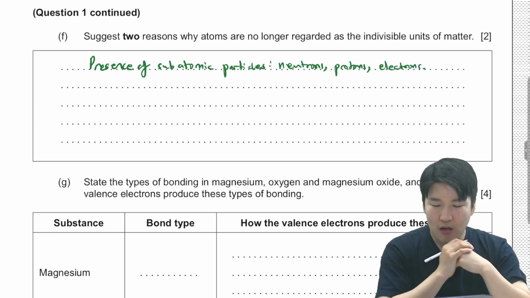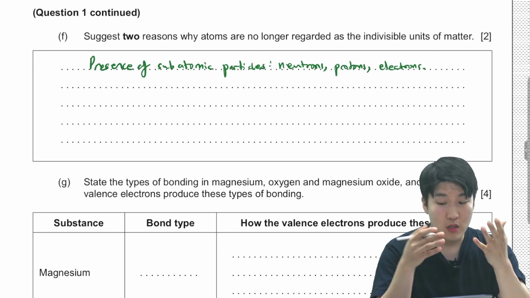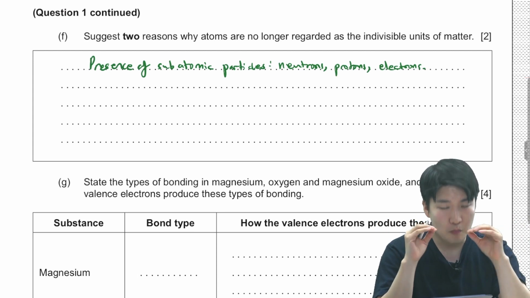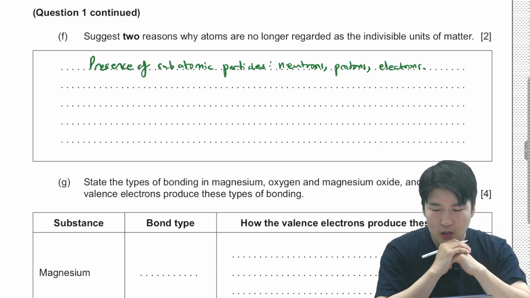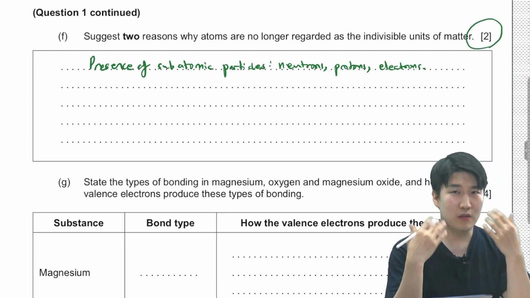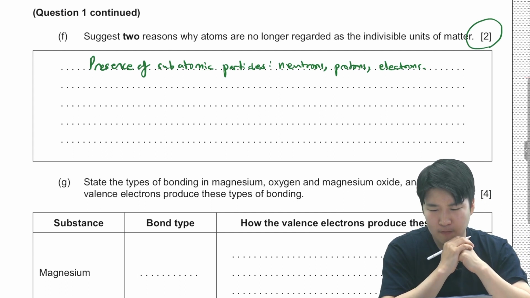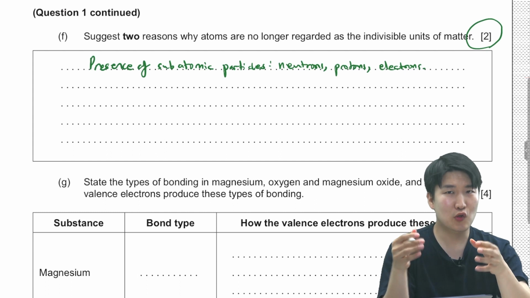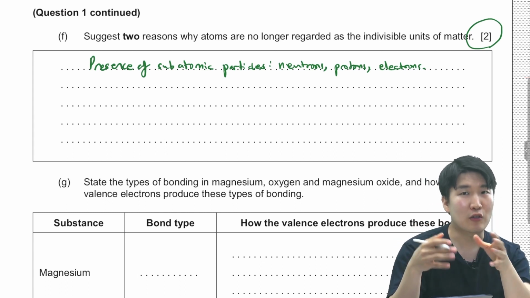We know they are present, which is why we can say we can further divide beyond atomic level. It's a two-marker question. What else can we say? How about we can utilize these subatomic particles to modify the atomic structure.